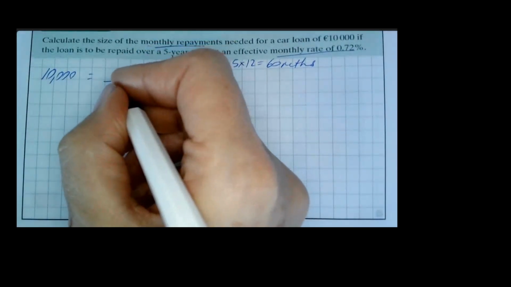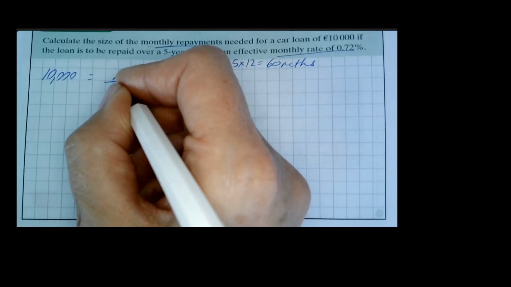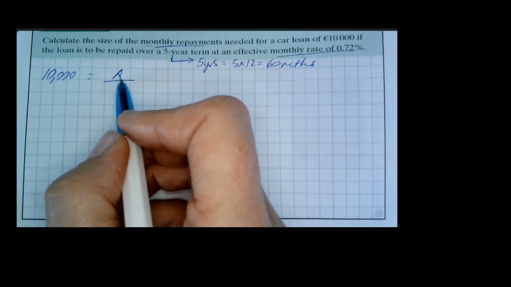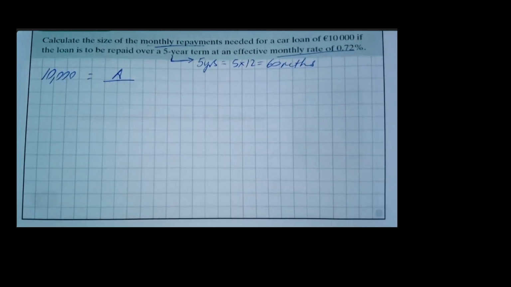So let's consider obviously the last one first, because we always do this in kind of reverse order. The last repayment that I make would be able to be in the account for 1 month, okay? So technically earning 0.72% in that month. So what's the present value of that?